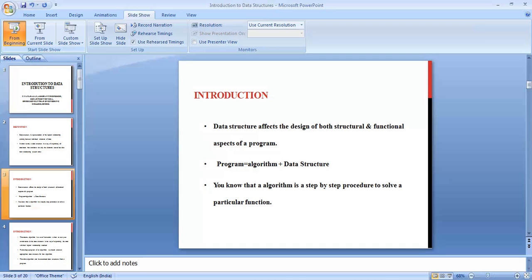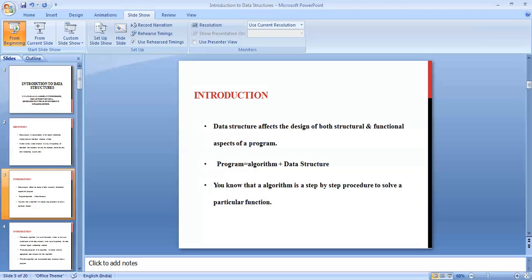Okay, students, I think it's the end of the session. Here we concentrated on a lot of things in this presentation. We started with the introduction to data structures, the definition of the data structure.